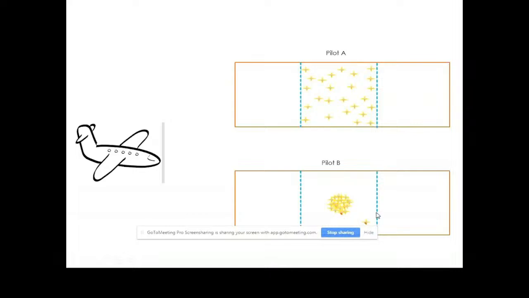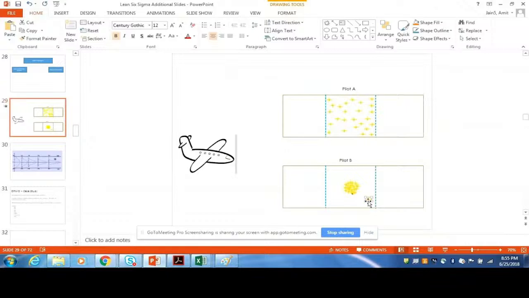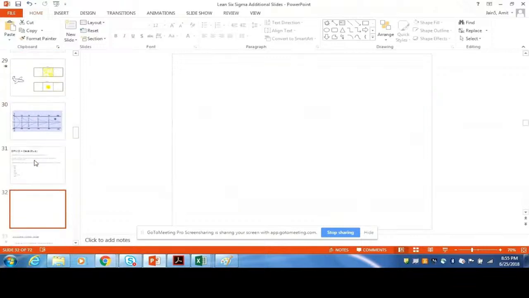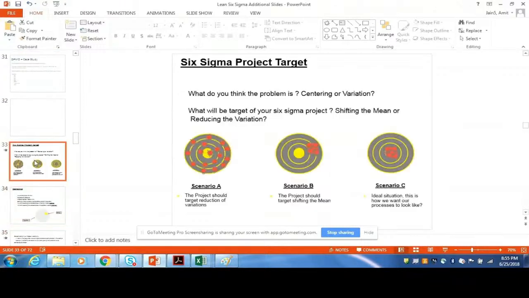But still, you would fly with him, right? That would be considered maybe noise of some sort, wind or whatever. Some special cause, he dozed off while landing. Still he didn't crash. So you need to make your process so robust, only then would you be able to reach 3.4 DPMO.